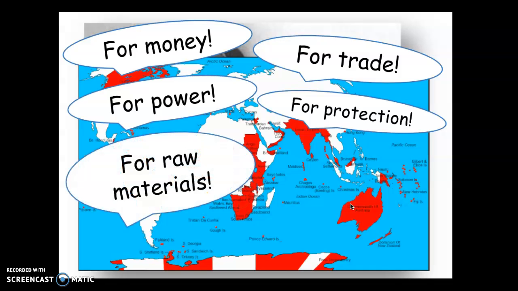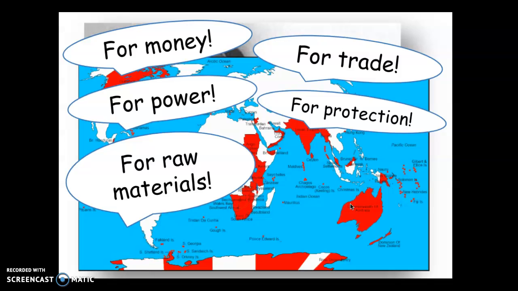For raw materials, I said yesterday in comparing colonies that the 13 colonies in particular, because that's what we're focusing on, provided so many raw materials for Great Britain that they were in short supply of, mainly due to overuse and population explosion as a result of the Columbian Exchange and inability to replace those resources, many of which were non-renewable.